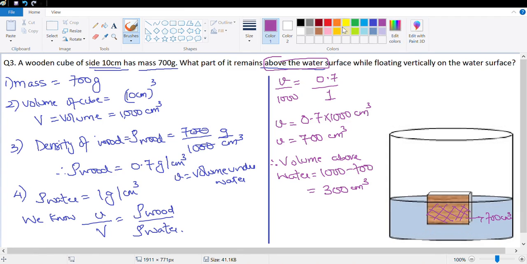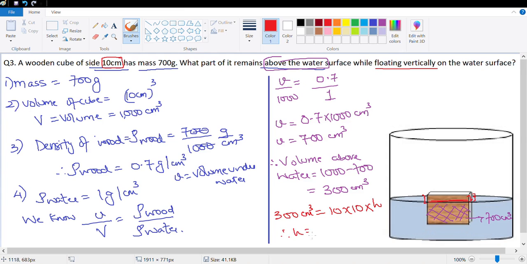Let's read the question once again and check if this is what they wanted us to figure out. What part of it remains above the water while floating vertically? So they want to know, the side is 10 centimeters, how much length or height is outside of water? So we need to figure out this h. We know the length, we know the breadth, we need to figure out the height. So 300 centimeter cube is equal to, the length is 10, the breadth is 10, the height is h.